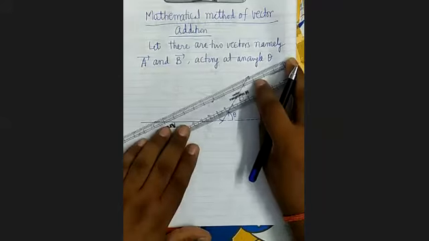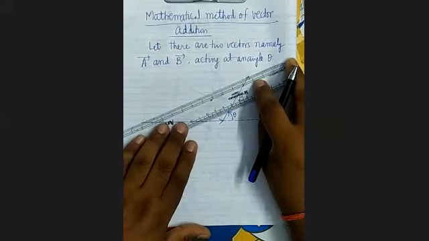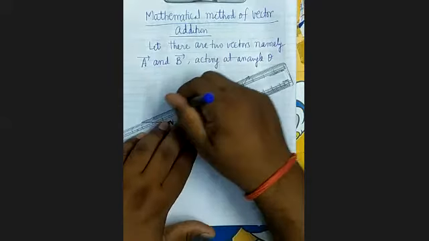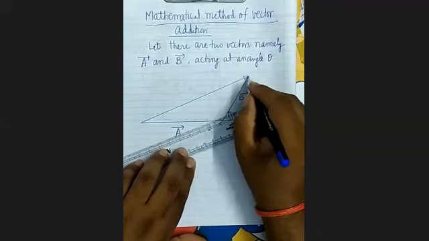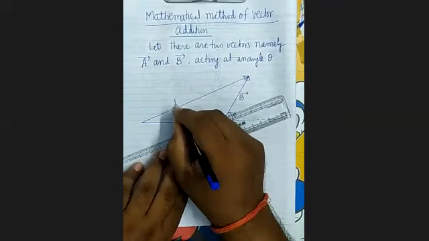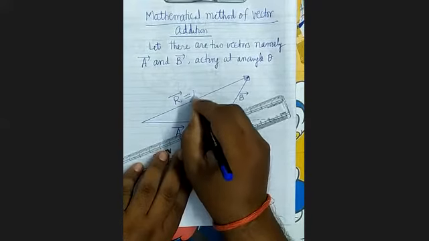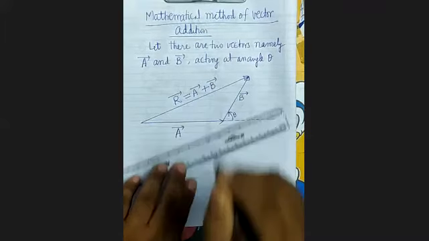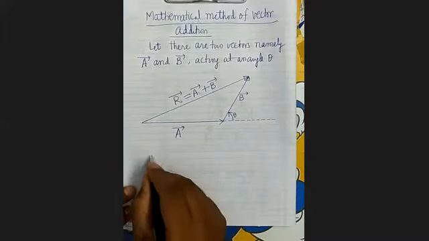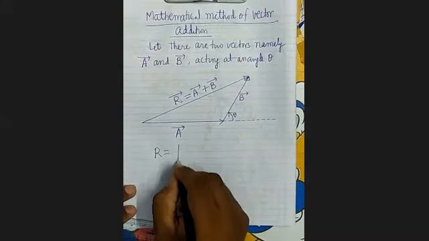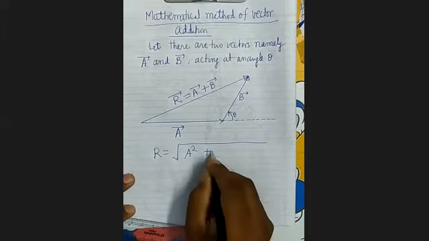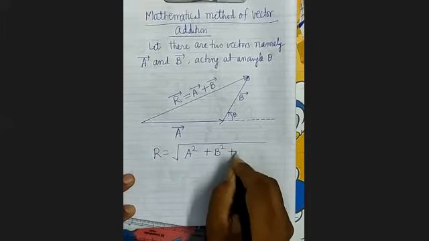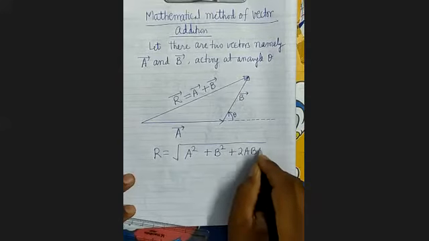So here their resultant will be this. This represents the resultant of these two vectors, meaning vector R equals vector A plus vector B. So see, how will we find the magnitude of R?